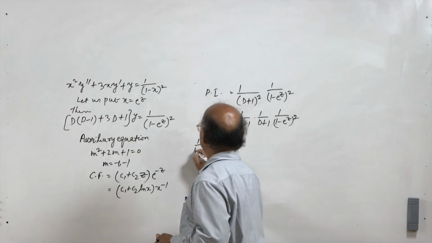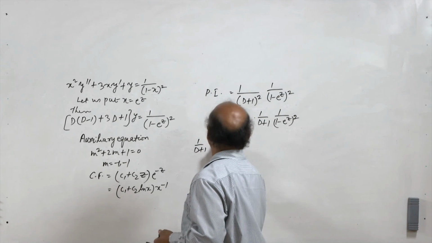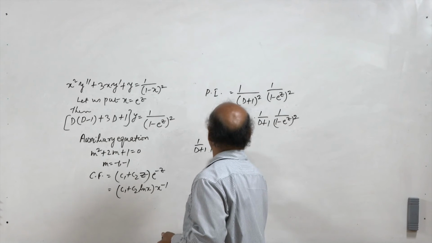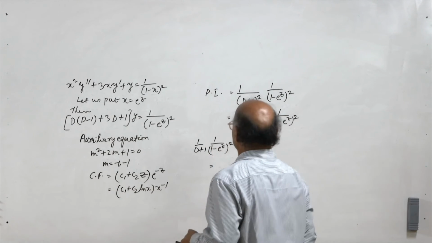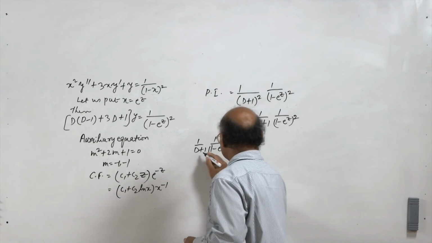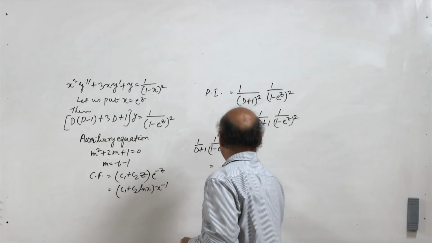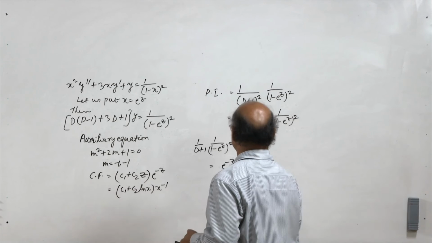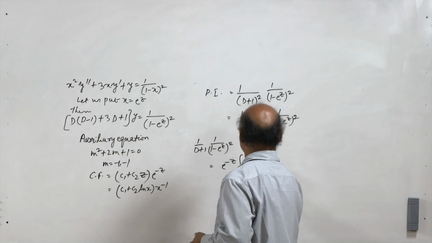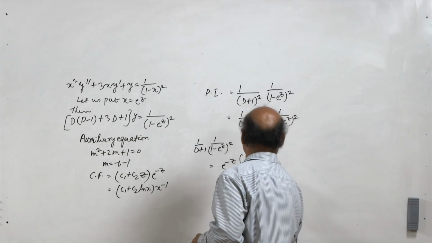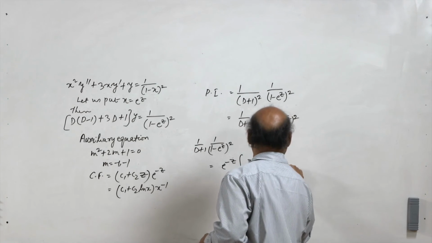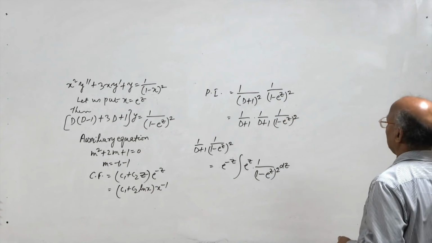So 1 over D plus 1 when it operates on 1 over (1 minus e to the power z) whole square, what we get is e to the power minus z integral e to the power z into 1 upon (1 minus e to the power z) whole square dz. Now here we have applied the formula of the general method.